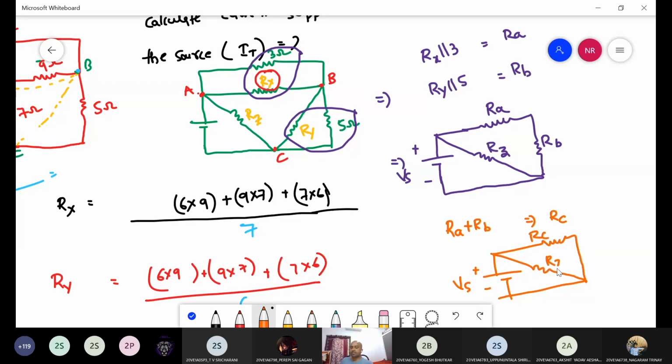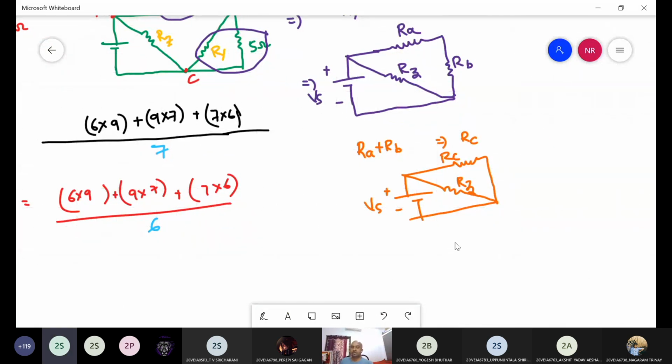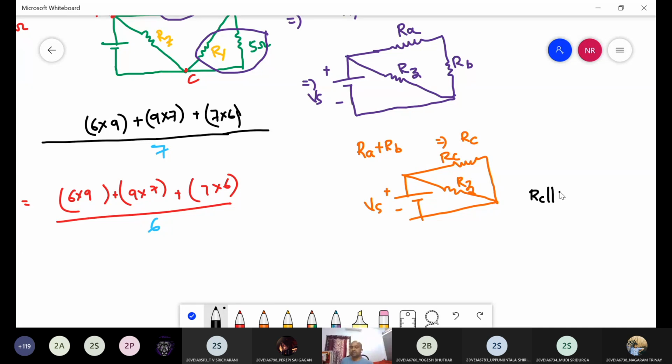Rc and Rz. Can you tell me the next possible combination here? Rc parallel with Rz, right? So that is R equivalent.